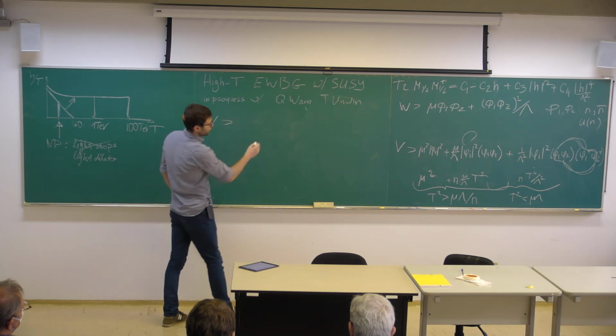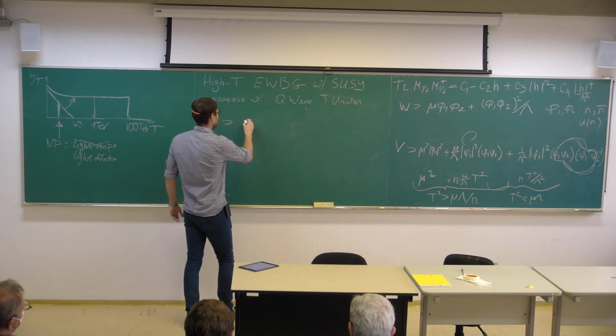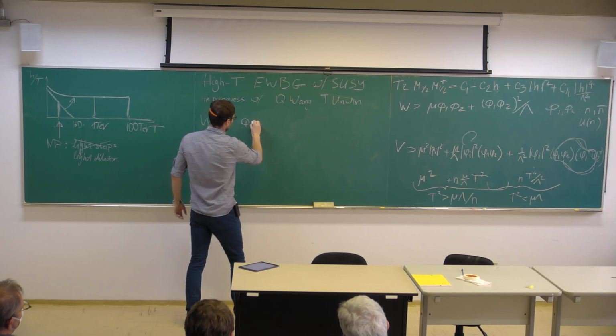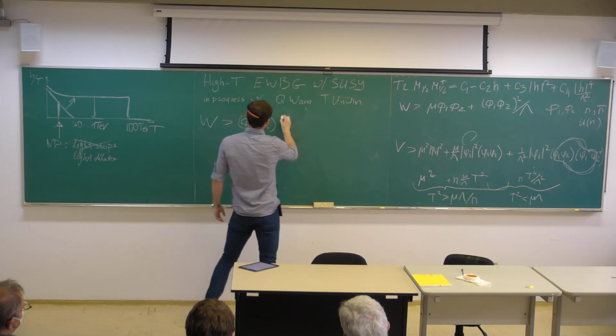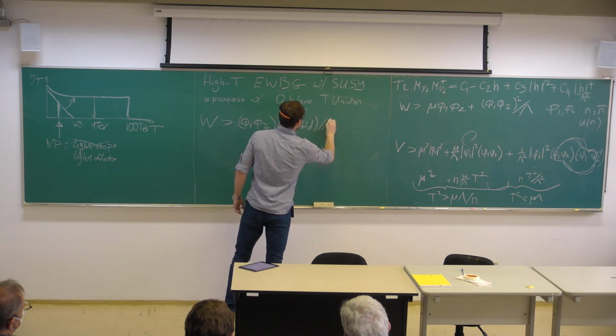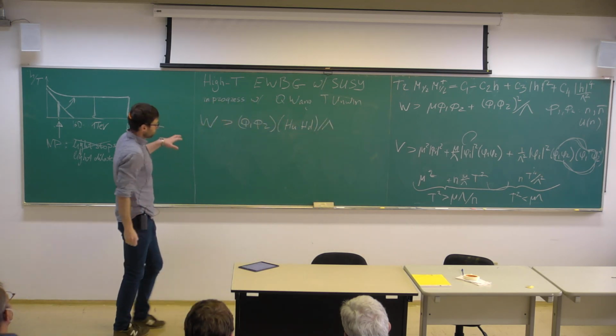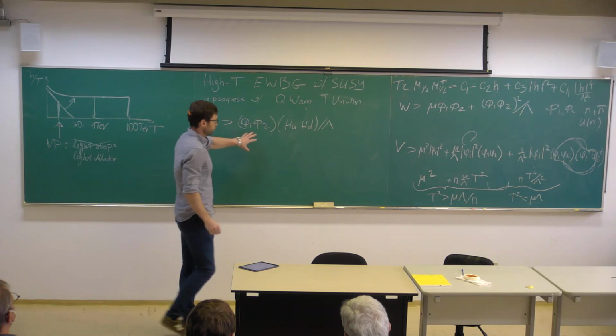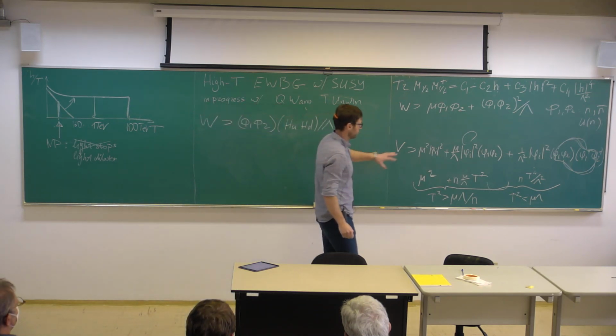So the superpotential has to include this sort of term, again phi 1, phi 2, coupled to h up, h down. This will induce a negative correction to the Higgs mass.